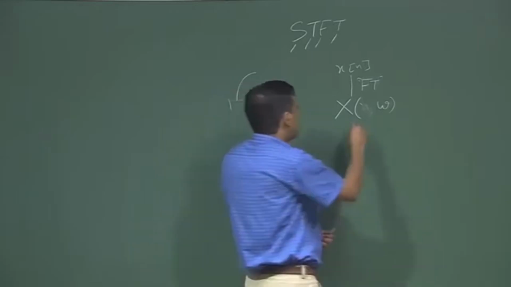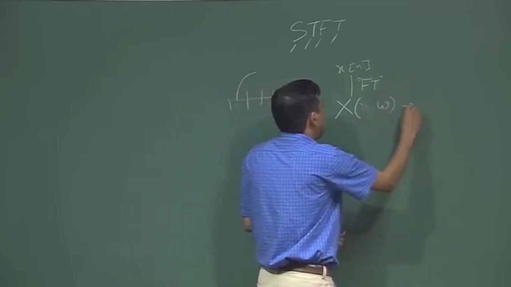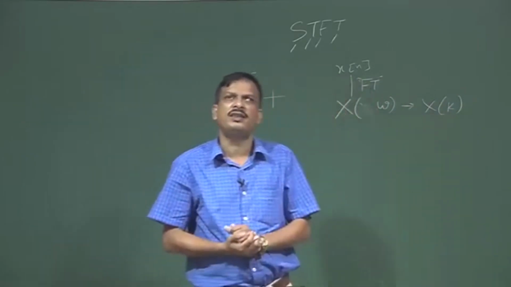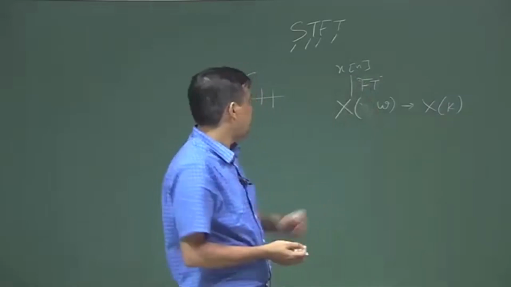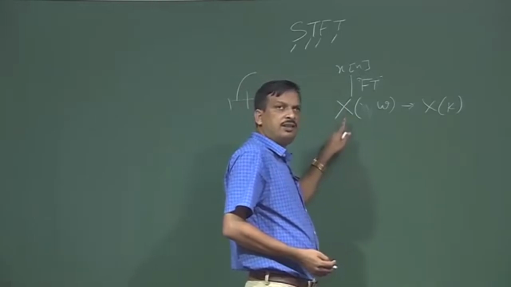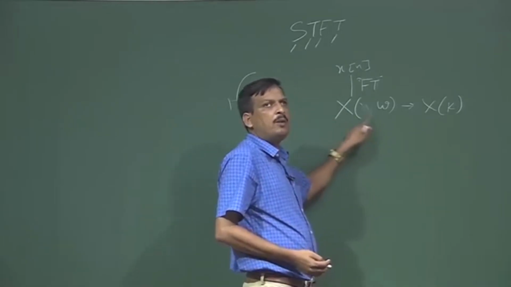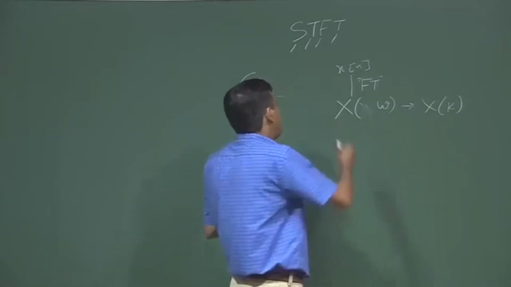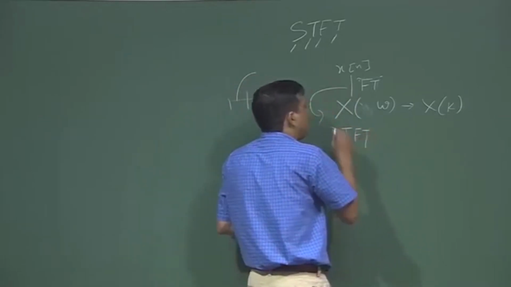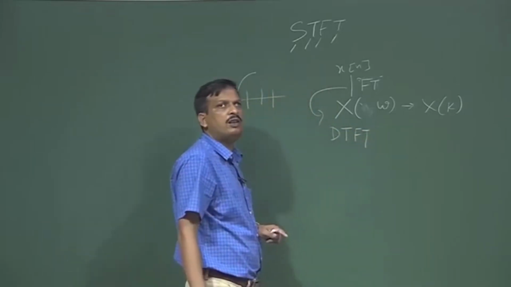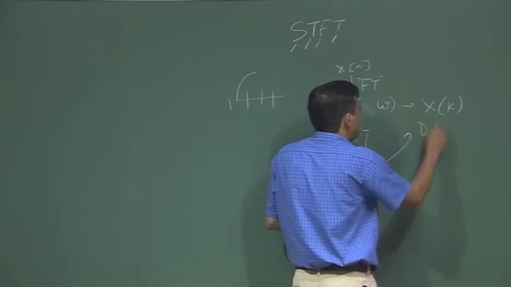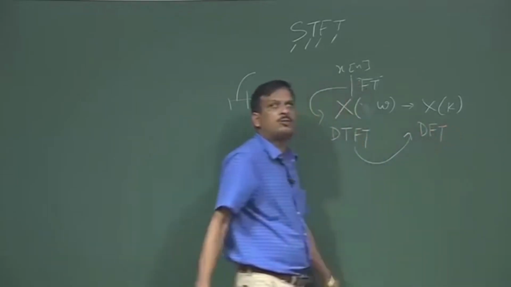If it is the discrete Fourier transform, then I get X of k, which I have already discussed in the Fourier transform view. If x n is my signal and I take the Fourier transform, then in frequency domain it is continuous but time domain it is discrete, and that is called DTFT, discrete time Fourier transform. Once both domains are discrete, then I say it is DFT, discrete Fourier transform.